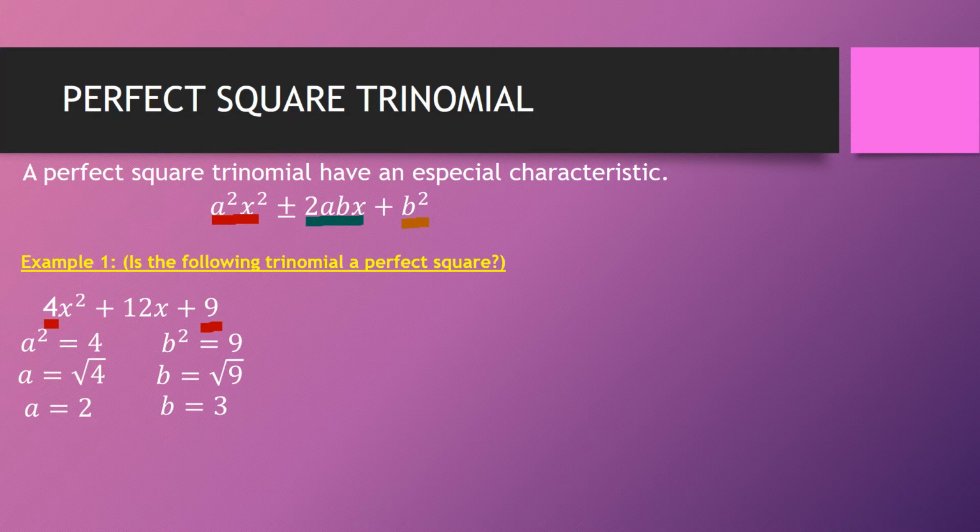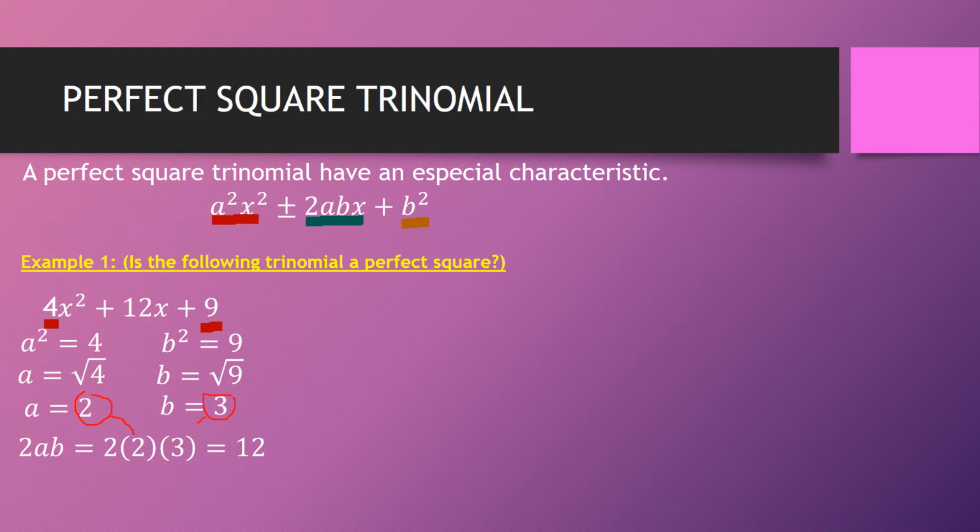In our case, 2ab is 2 times the square root here, times the square root here. The square root of 4 is 2, and you put it here, and the other square root, of 9, is 3.